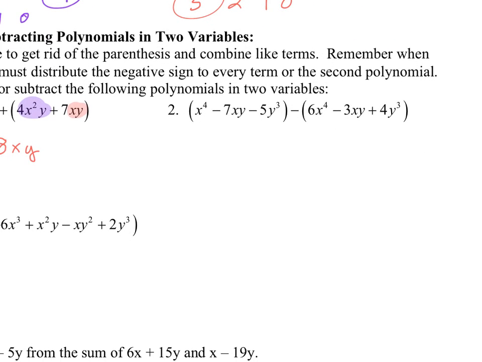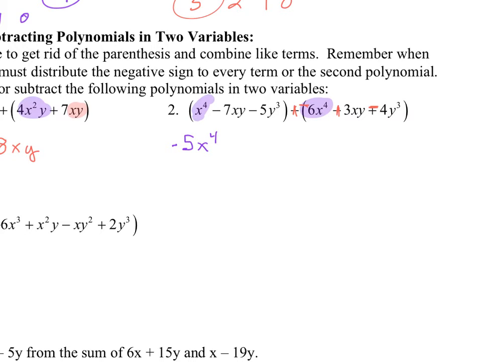Okay, so let's look at 2. I have x to the 4th and 6x to the 4th. I've got a minus, so I'm going to switch this to a plus, that becomes negative, that's plus, that's negative. Okay, let's go back. So I have x to the 4th minus 6x to the 4th, which gives minus 5x to the 4th.